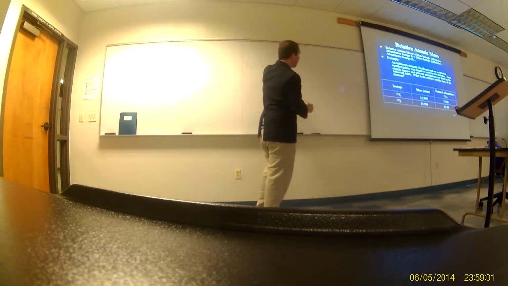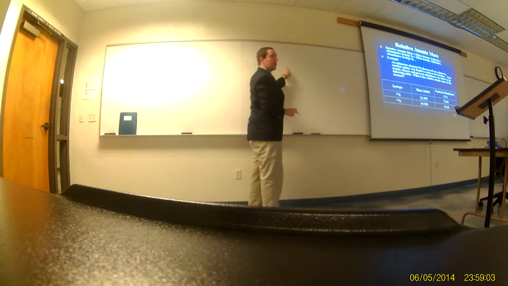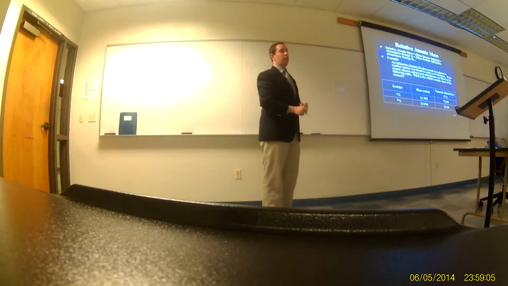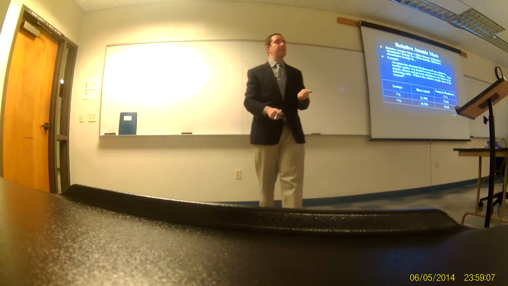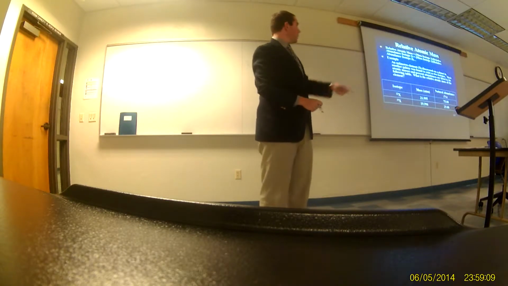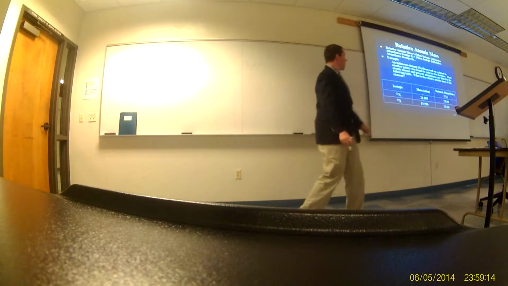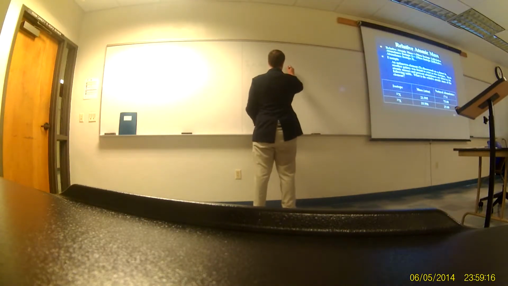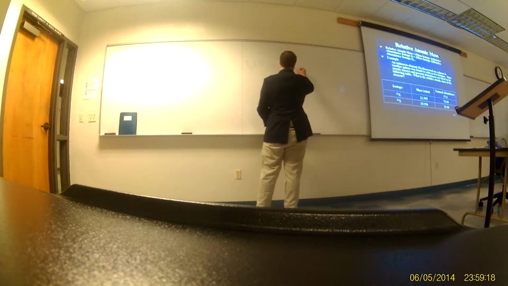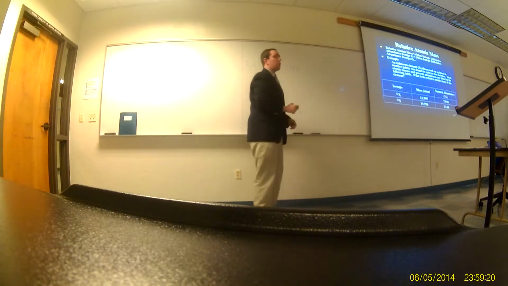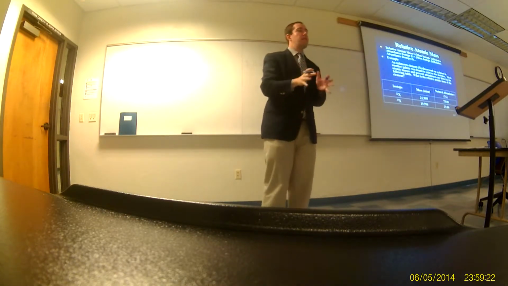Relative atomic mass equals the mass of isotope 1 times its relative abundance. What is the mass of isotope number 1 here? We'll say number 1 is this one. 21.995. And what is its natural abundance? 75%.